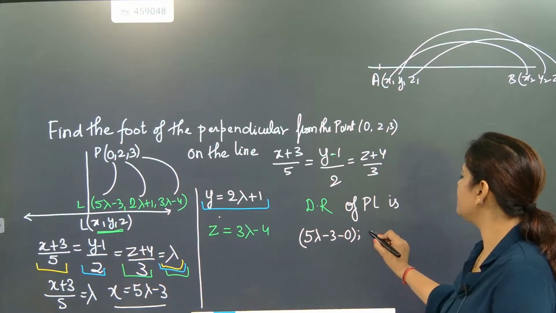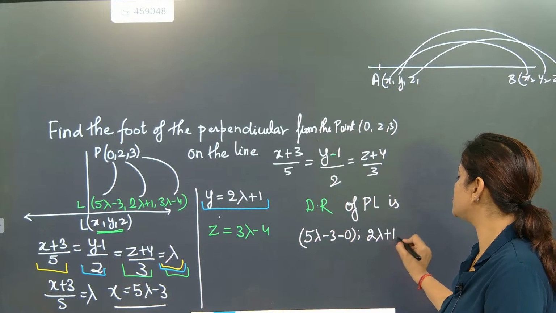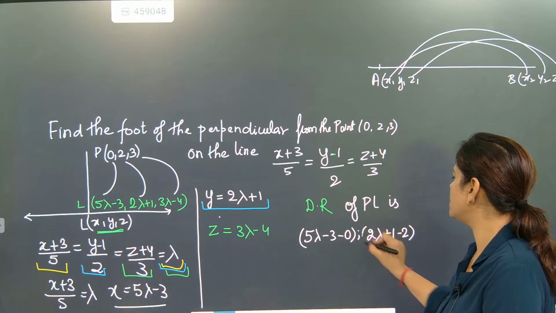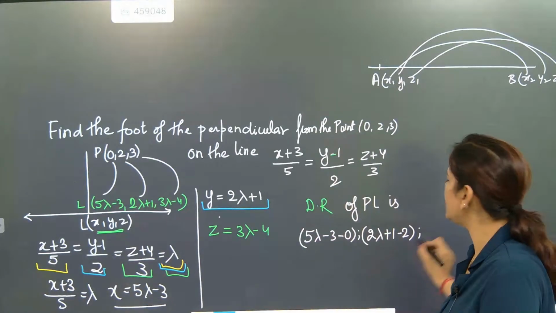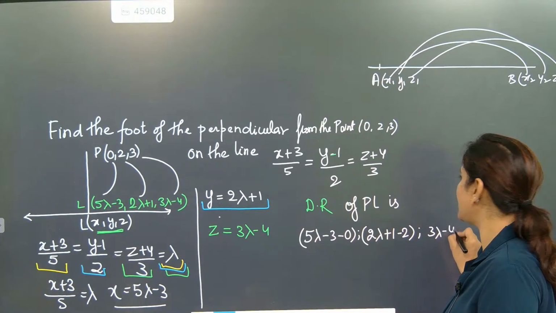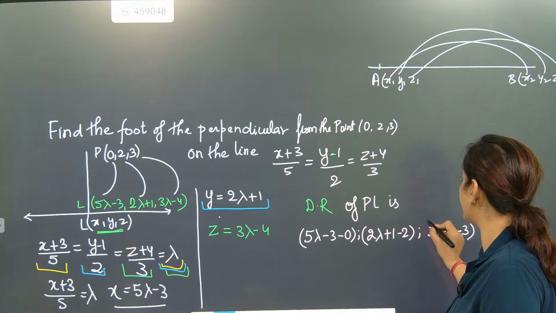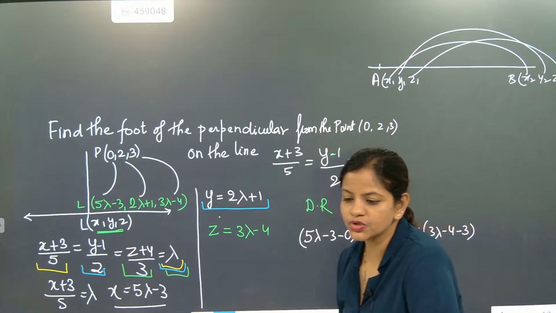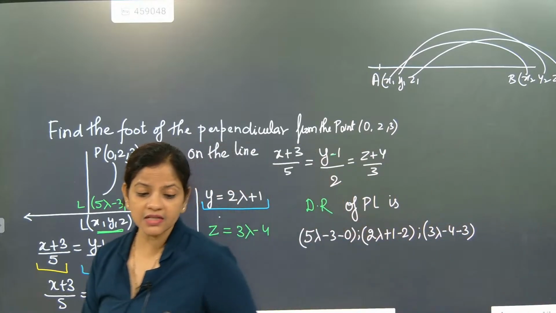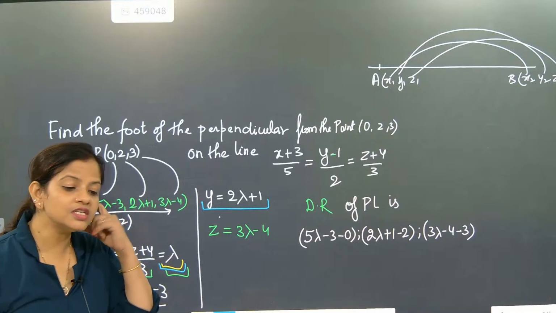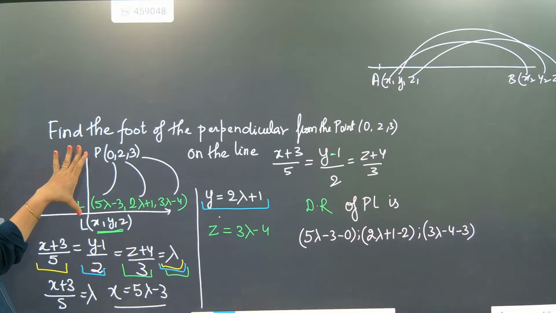The next part will become 2 lambda plus 1 minus 2, and the third one will be 3 lambda minus 4 minus 3. Till here direction ratios we got, beta. This is the direction ratios of PL.